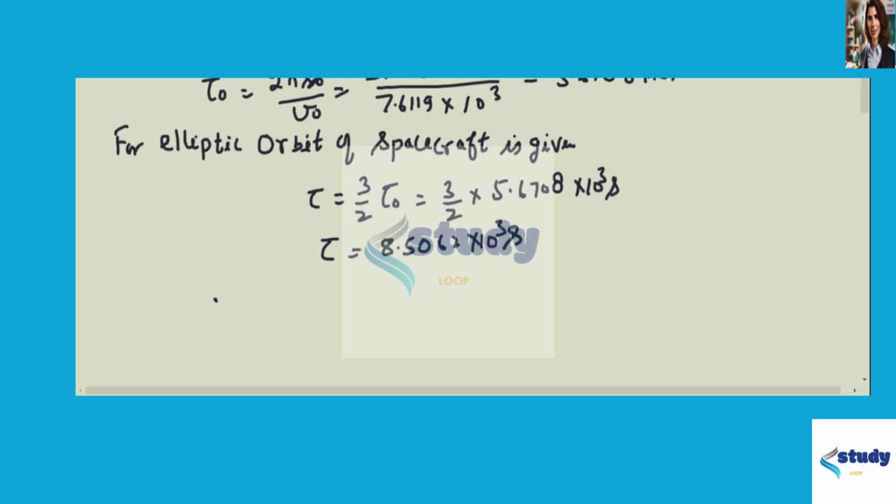So the semi-major axis is half of Ra plus Rv, and the semi-minor axis is root of Ra into Rv.